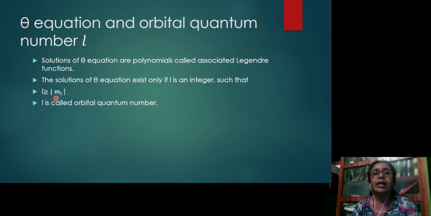So ml can be positive or negative, but L has to be a positive integer and it has to be greater than or equal to modulus of ml. L is called the orbital quantum number. The reason is it is related to the magnitude of orbital angular momentum.